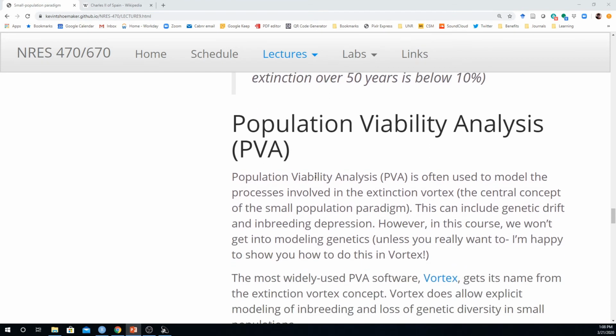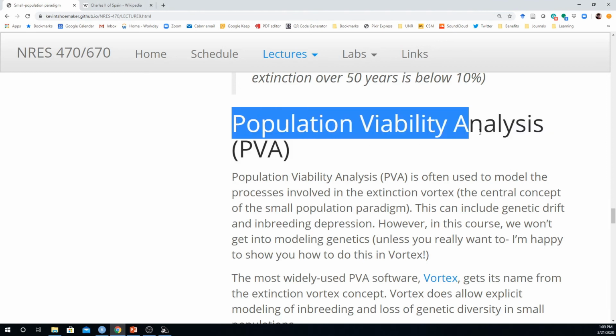All right, that leads us directly to the concept of population viability analysis, which really did originate with the small population paradigm. It's one of the foundational concepts of conservation biology, so it's worth talking about right here. Of course, you've all heard this concept before, population viability analysis, PVA. That is how we're describing our final projects in this class, as PVA models.